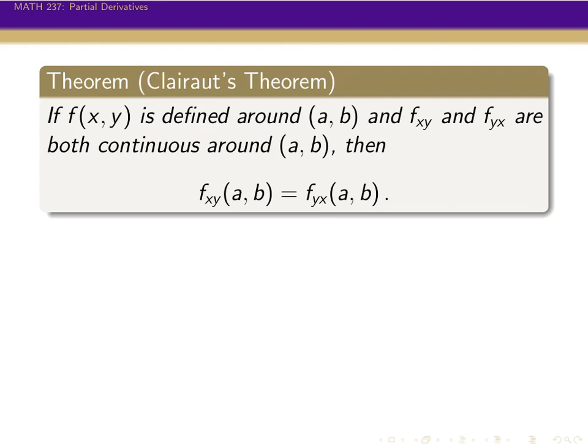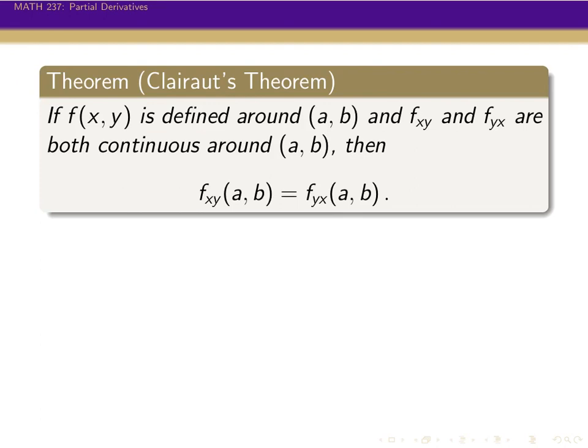These are very mild conditions. We'll see they pretty much always hold true for us. What that means is that for these mixed partials, it doesn't matter in which order you do them. So f_xy is going to equal f_yx.